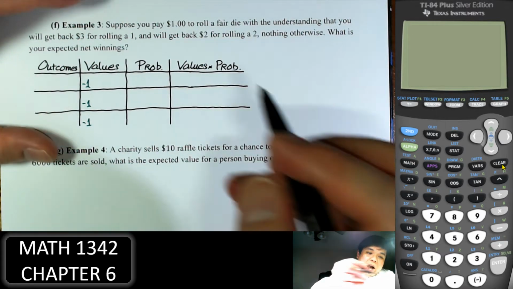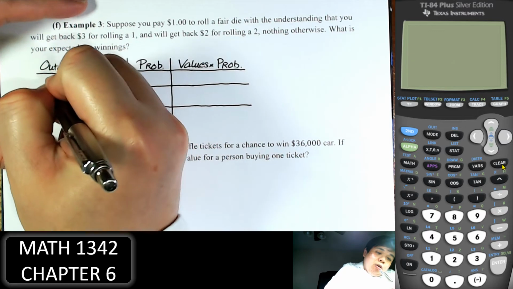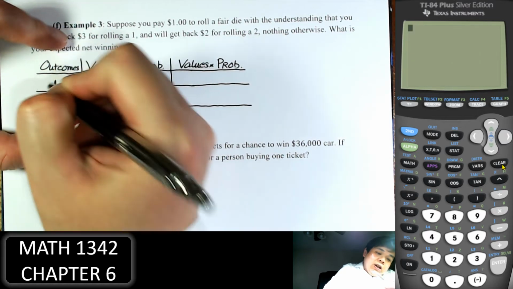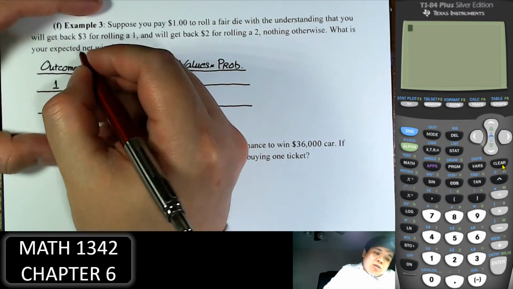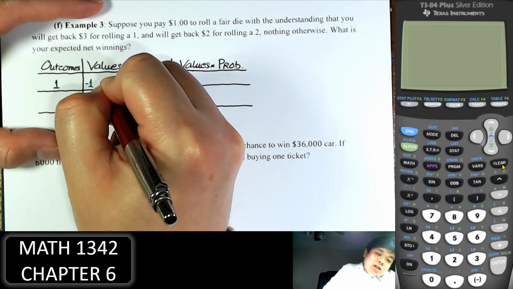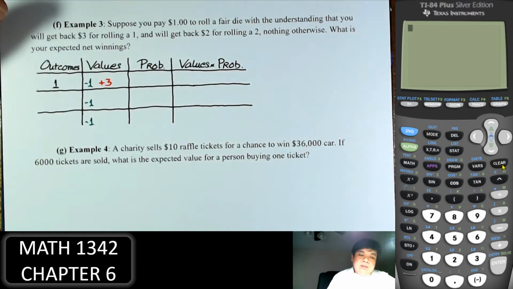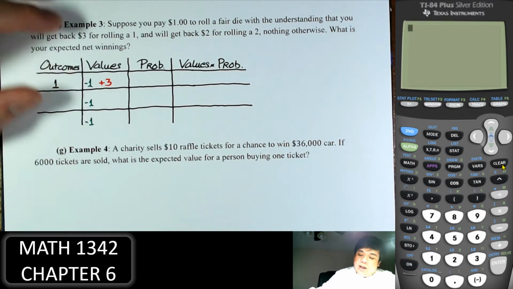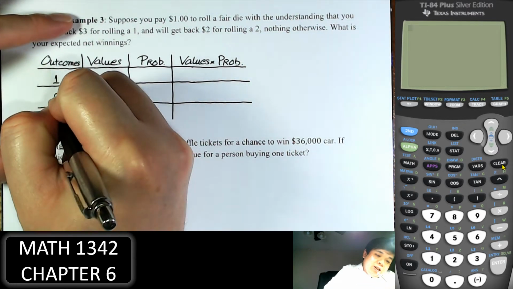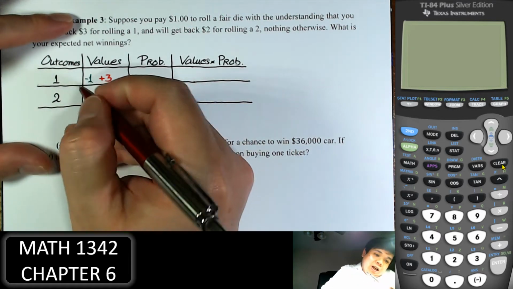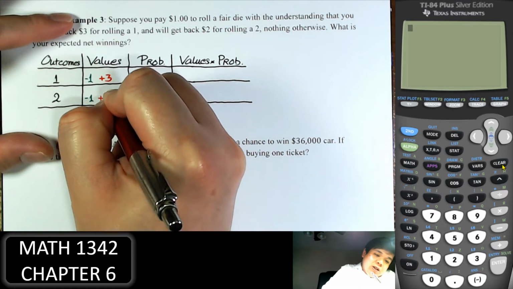Now the outcomes. If you get a 1, you win $3, to get back $3. If you get a 2, you get back $2.